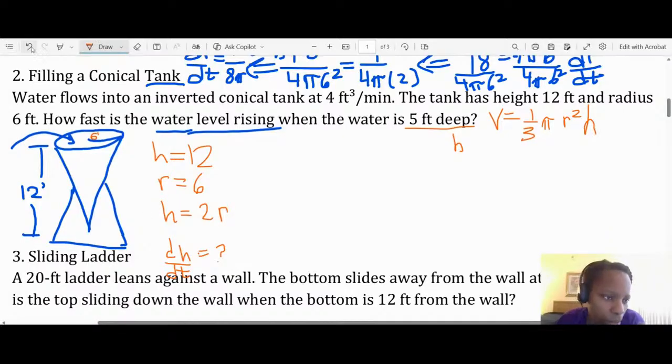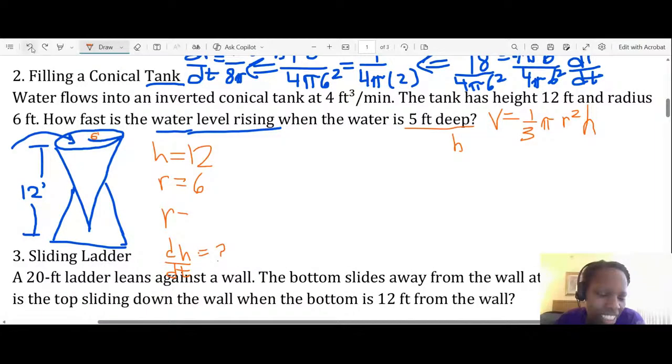I was right the first time, y'all. Oh goodness. We replace the r, and then everything will be in terms of h, and then we can do dh/dt because that's what we want. We want dh/dt, how fast the water is rising when the water is 5 feet deep.